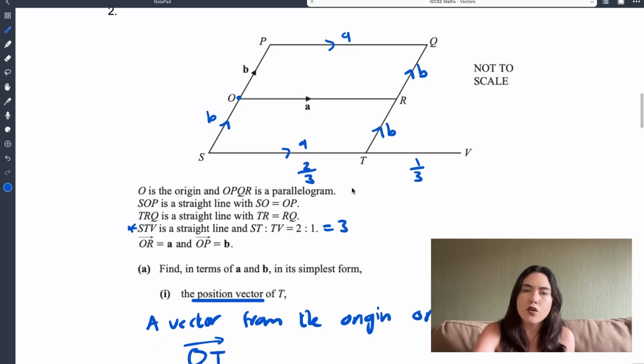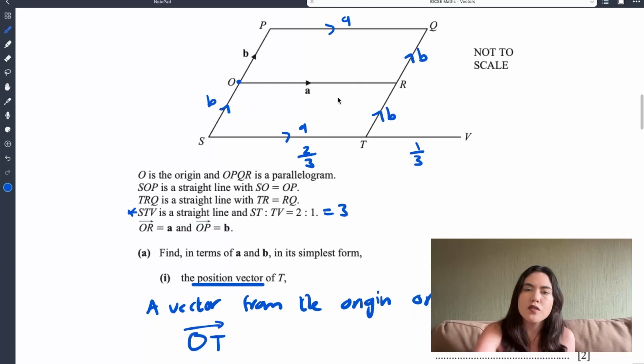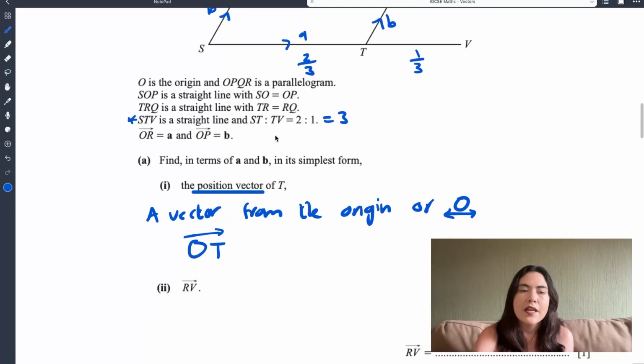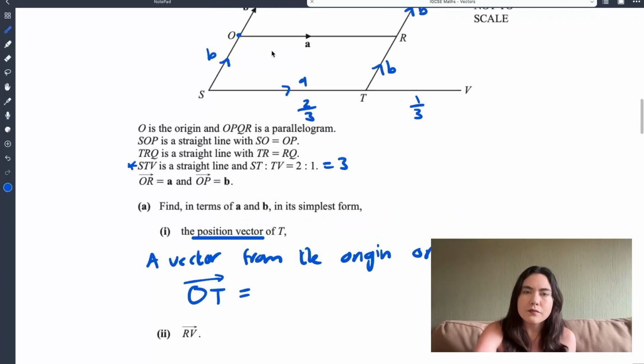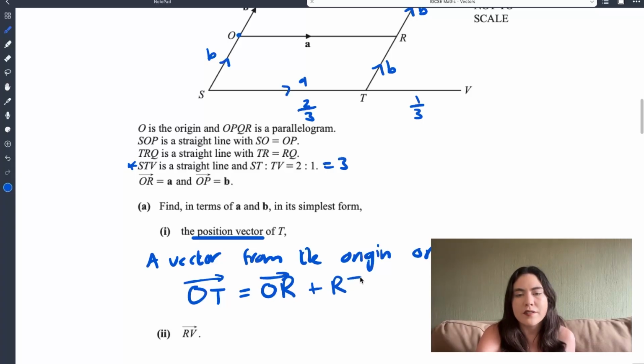I'm going to do the first one that we suggested, so O to R and then R to T. Now, I'm going to write down what I'm going to do. Again, it's very important in Cambridge that you write down what it is you are going to do. So O to T is O to R and then R to T, as we established. O to R and then R to T.